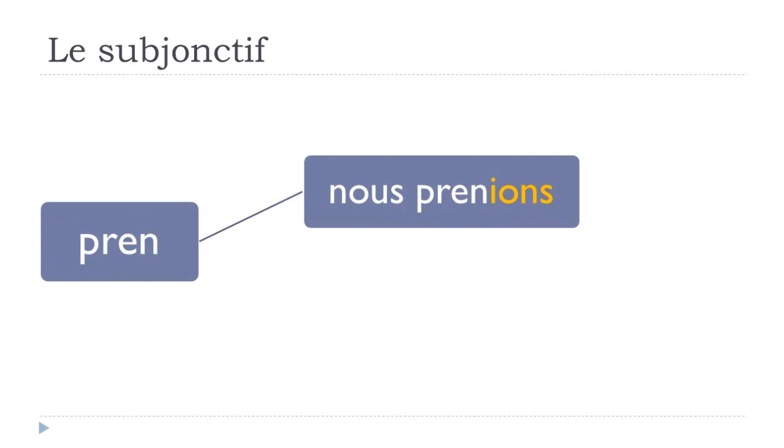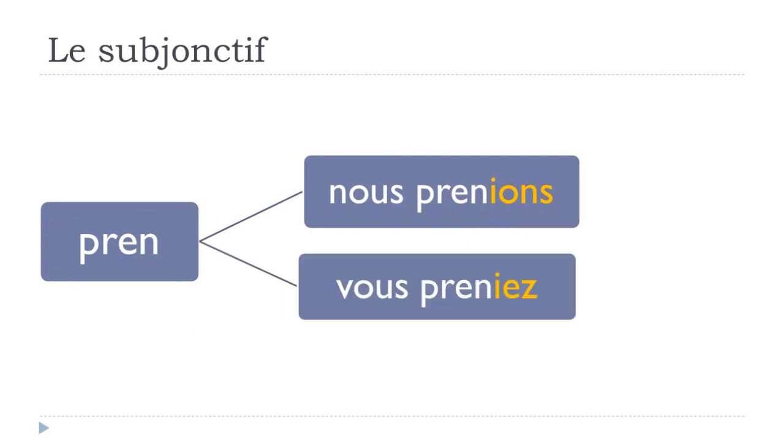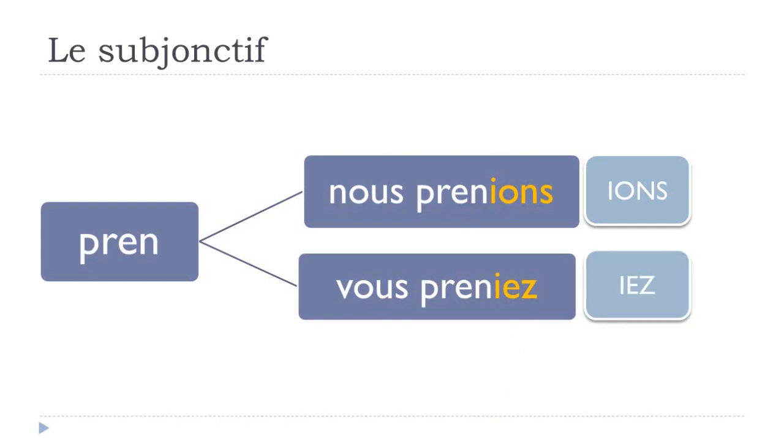And the ending for vous is iez. So we get nous prenions, vous preniez. All right? So if we think carefully, ending ions for nous, iez for vous.